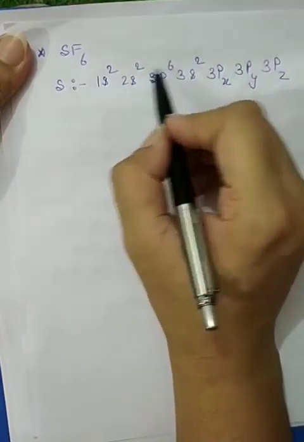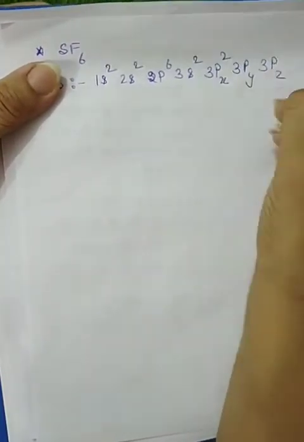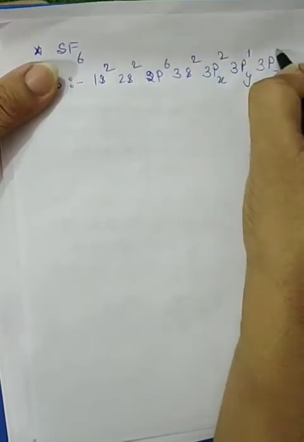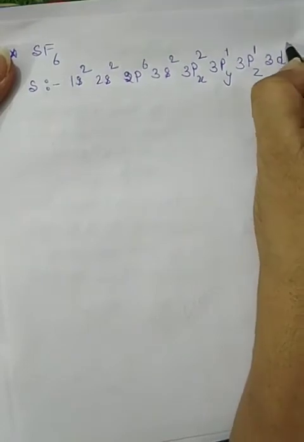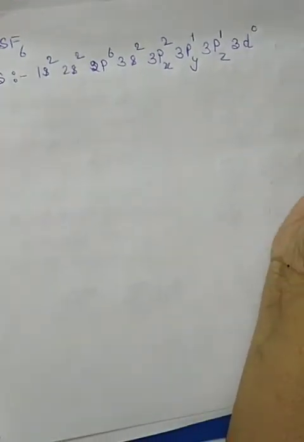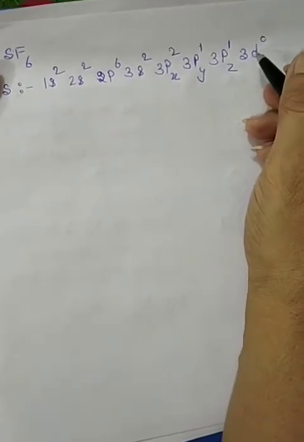Here 12 electrons are distributed, remaining are 4. Then 3px2, 3py1 and 3pz1. It also has vacant d orbitals. There is no electron in the d orbitals of sulfur.